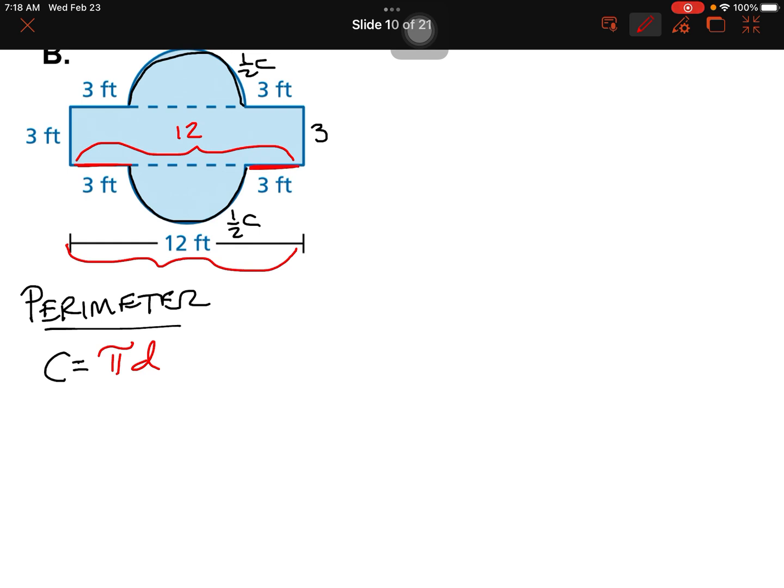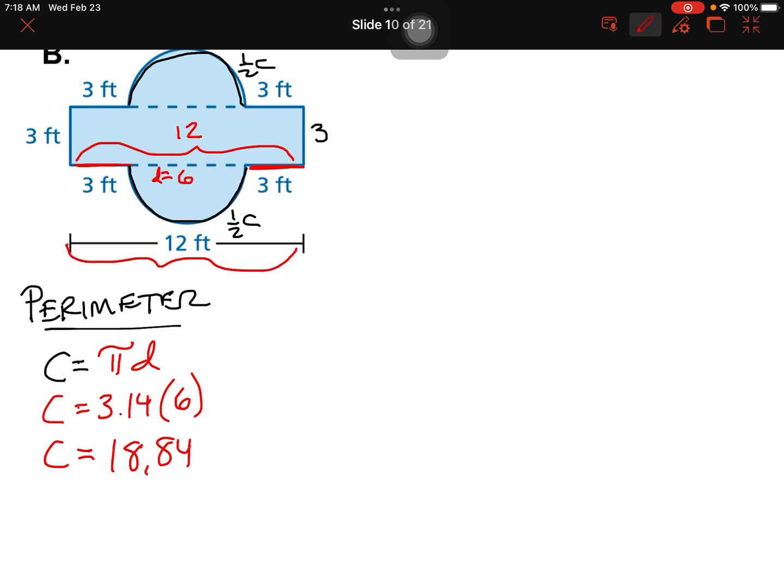And if this is 3 and that is 3, 3 and 3 is 6, that makes this 6. Now, that 6 would actually be your diameter. And so I'm going to go 3.14 times 6. And so the circumference of that circle is, once again, 6 times 3.14. And that's going to give you 18 and 84 hundredths.